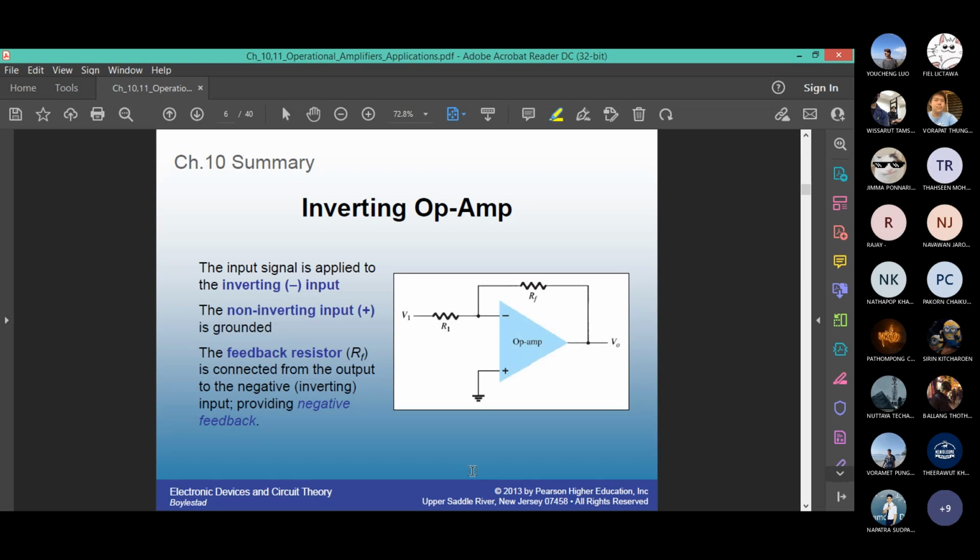What are the two assumptions that we make when we calculate or derive equations for the op amp? Can someone remember? The two basic assumptions for solving op amp problems. It is not on the slide, but it was talked about in the class.